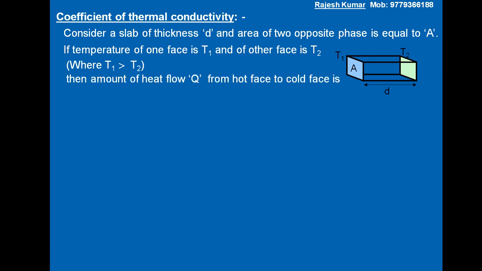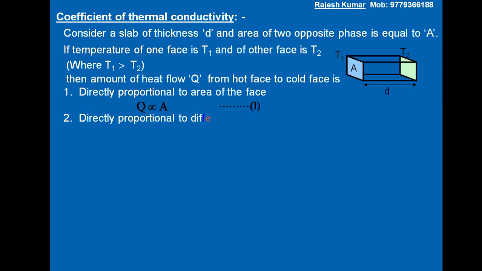then the amount of heat flow Q from hot face to cold face is, number 1, directly proportional to the area of the face. Mathematically, Q is directly proportional to A, and let it be equation number 1.